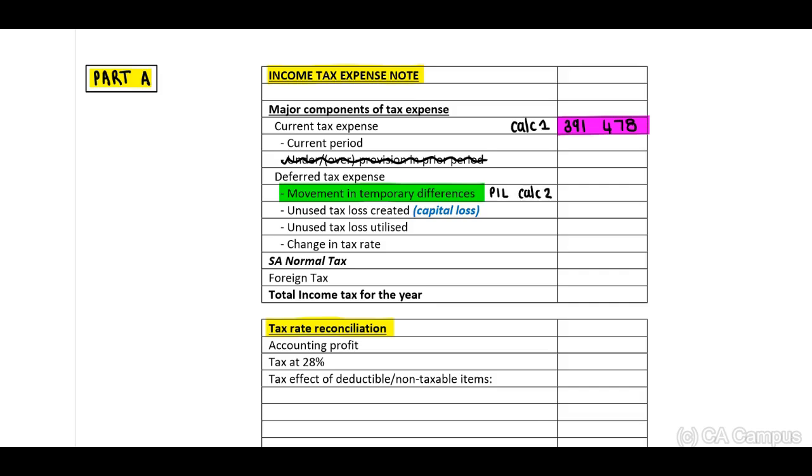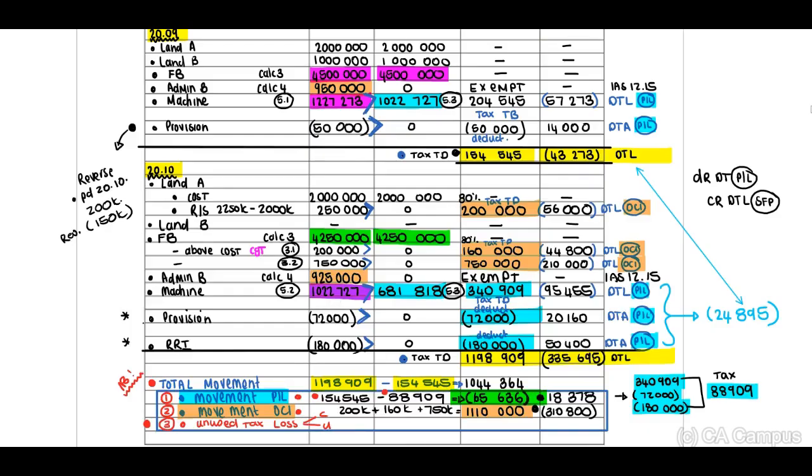Okay, so guys, now you need to ensure that you understand. When you refer to your deferred tax calculation, look at the bottom. Remember, we've calculated the movement in our profit or loss, 65,336, taxable temporary difference, and this is now 18,378 deferred tax.